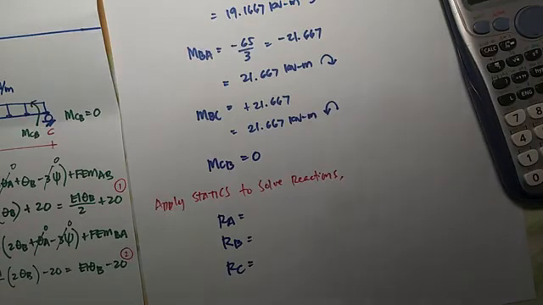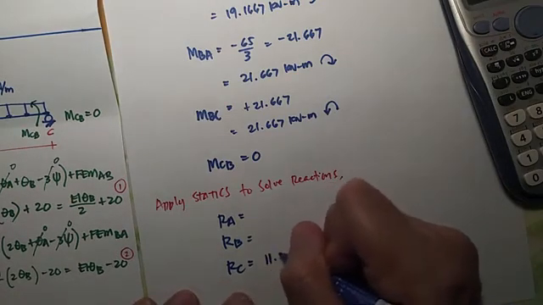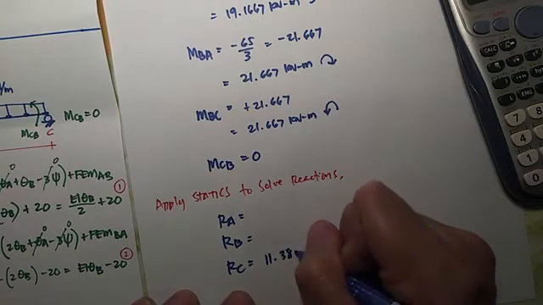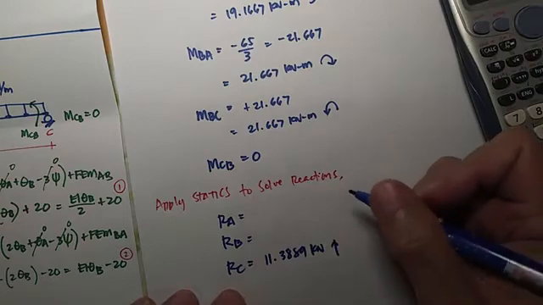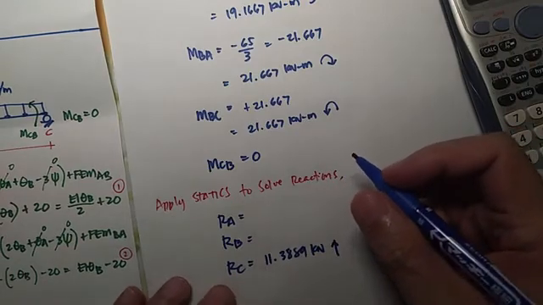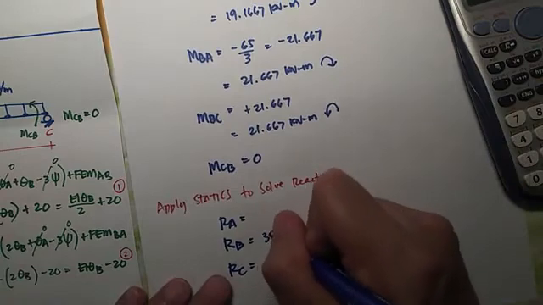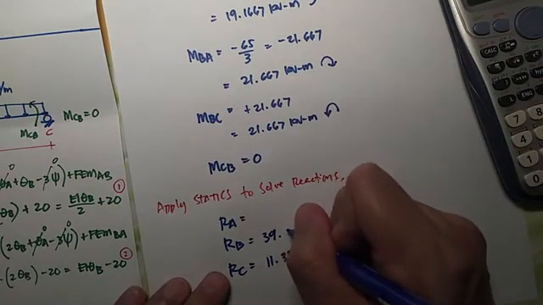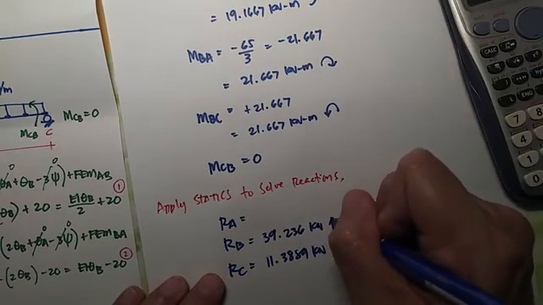Okay, reaction at C is 11.3889 kilonewton, which is upward. Reaction at B is 39.236 kilonewton, that's upward also.